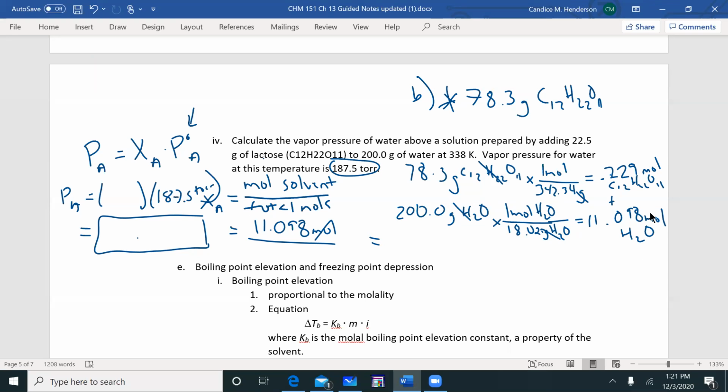So the water is the same, right? We didn't increase the amount of water. So I can actually keep my numerator value the same. But what's going to change is that my denominator value is going to get bigger because my mole value for my lactose is bigger. So here we're going to take that 11.098 moles and we're going to add it to 0.229 moles.